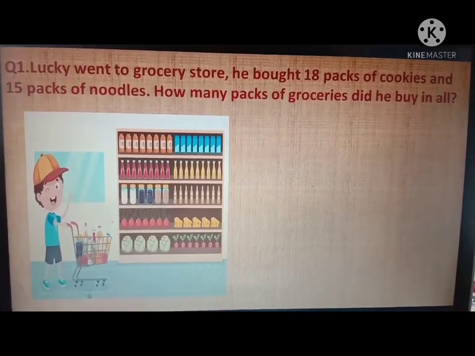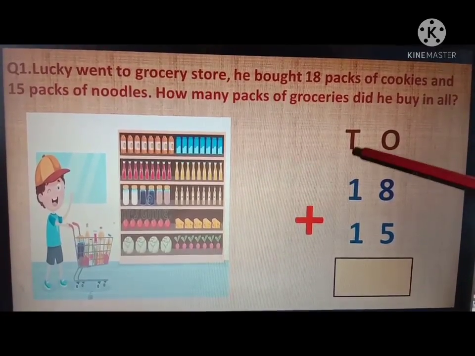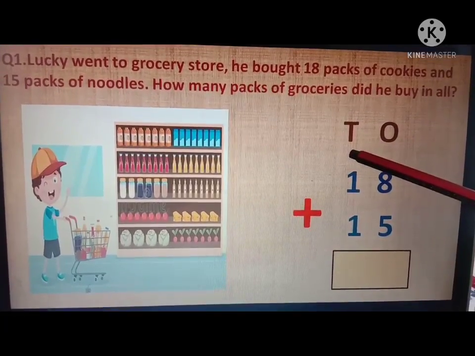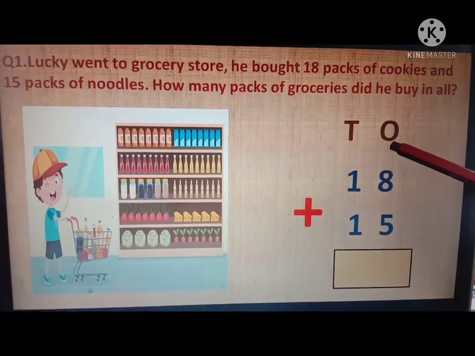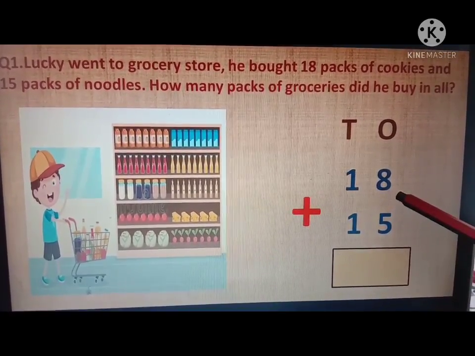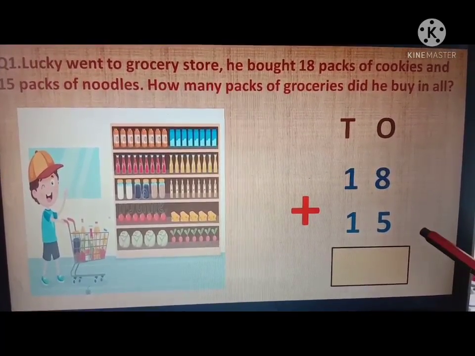So first thing, we have to write down T-O. T represents tens place, O represents ones place. After that, write down 18 packs of cookies, 15 packs of noodles.